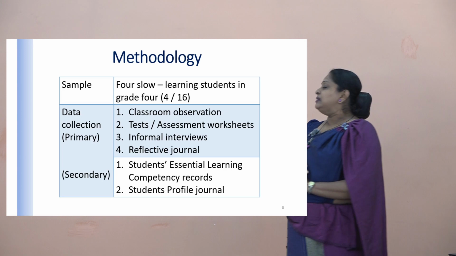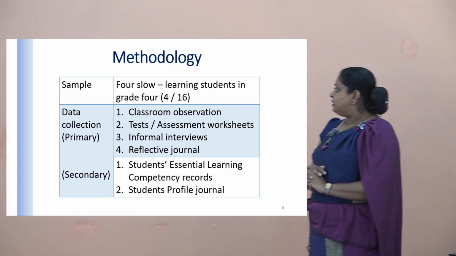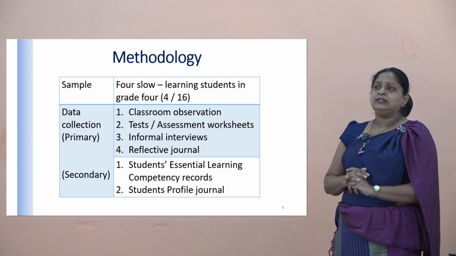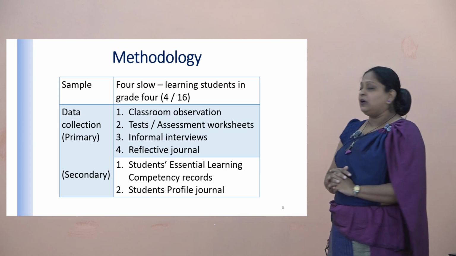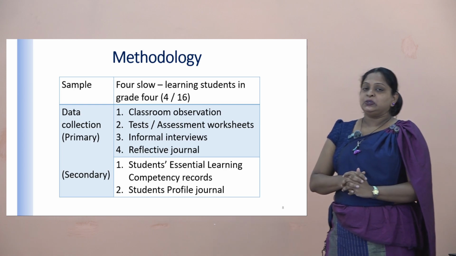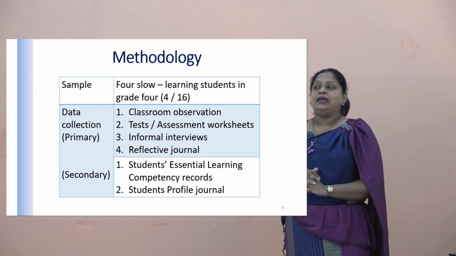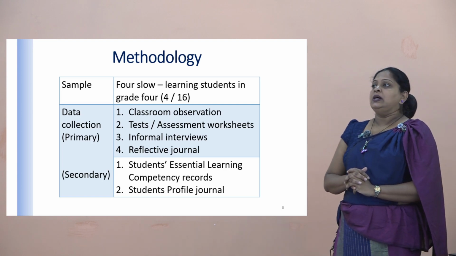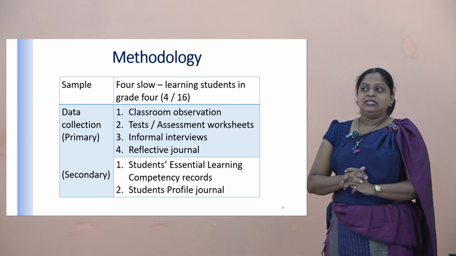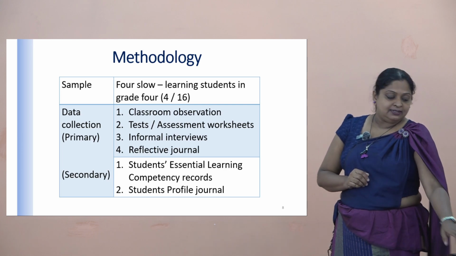And when it comes to the secondary data sources, I used students' essential learning competency records as well as the student profile journal. In classroom terminology, we call it Shishya Pathikada. This was to ensure whether these students were really slow learners at their previous stages. It was not a surprise, actually, they were slow learning kids from the beginning at their initial key stages as well.